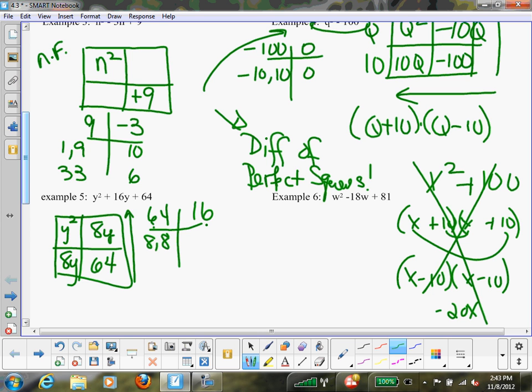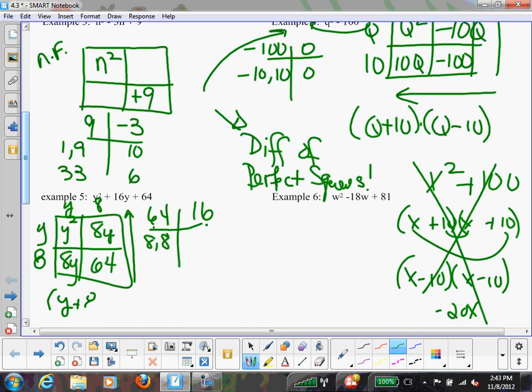When I factor, what do I pull out? Here, here, and here? And here? And so the factor is y plus 8 and y plus 8, which is y plus 8 squared.